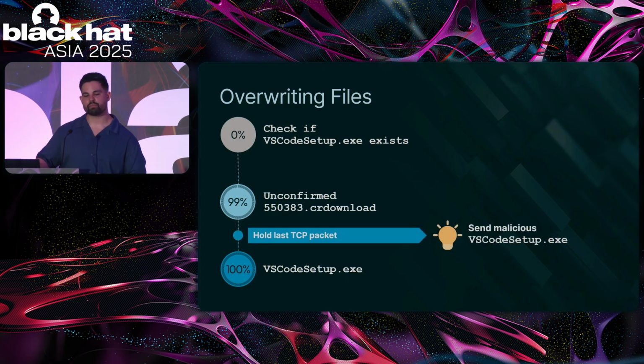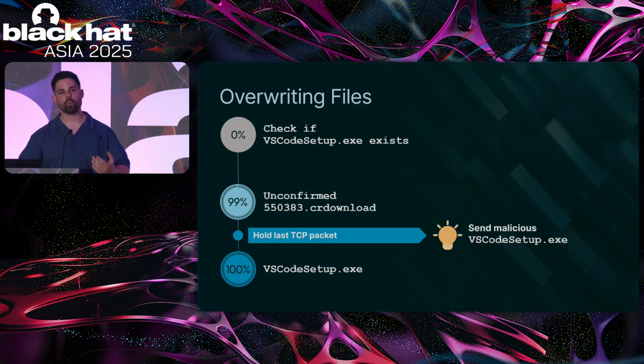But as you probably remember, in order to accurately guess the name of the file that is being downloaded, we need to know its approximate size. And to do that, we need to wait for the download to be finished. So what we're doing is waiting for the last TCP packet to arrive from the server, and then we hold it since we're the man in the middle.